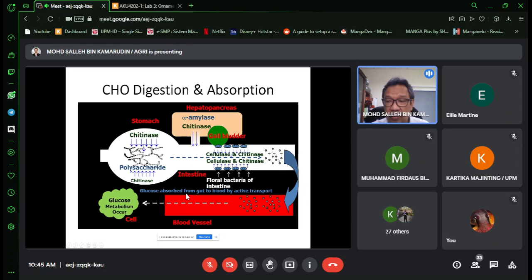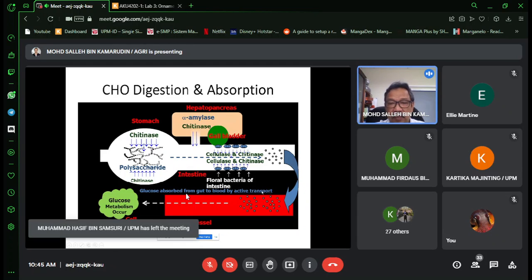Ini glucose, how glucose enters the blood vessel is through active transport. Macam juga kalau lipid, kita ada active transport, kemudian ada another transportation kan. Ada three types of transportation, tapi dalam bakteria, karbohidrat ini cuma ada satu active transport saja.